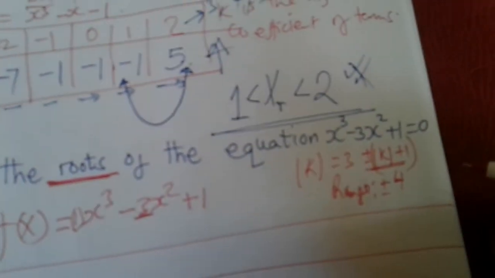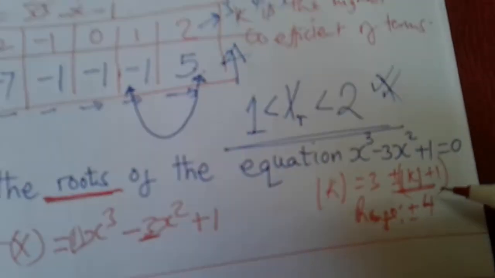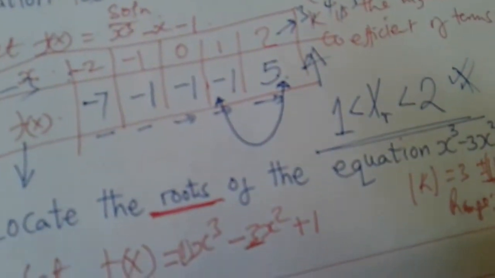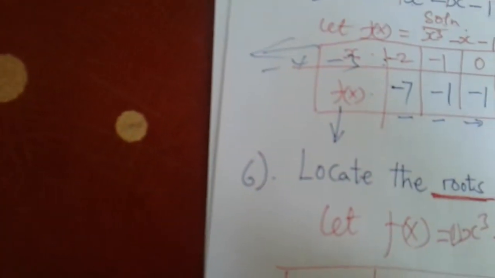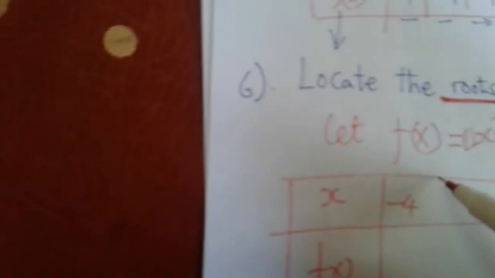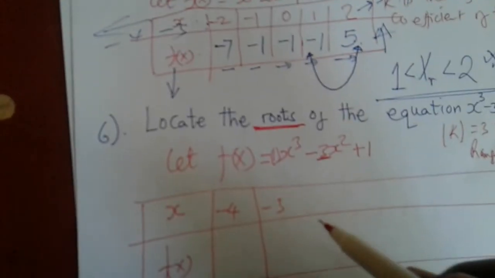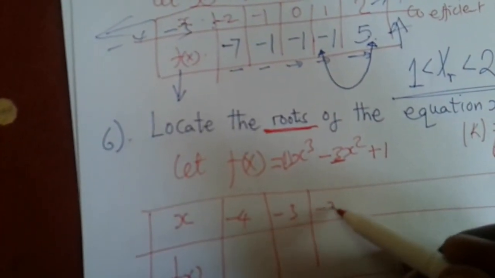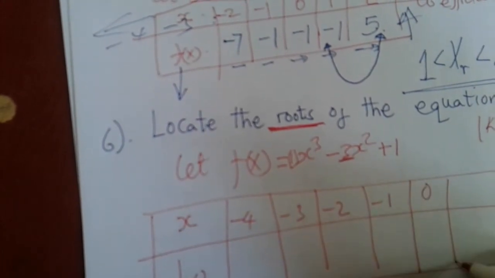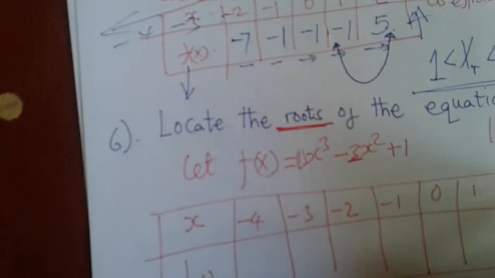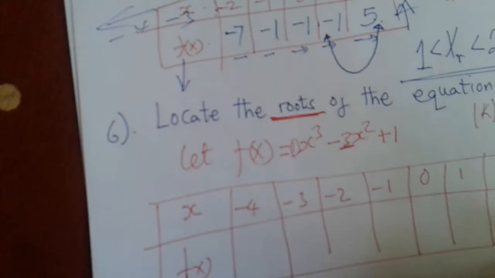This will help us to determine the range from the smallest to the highest in our table. So we shall begin from -4, -3, -2, -1, 0, 1, 2, 3.